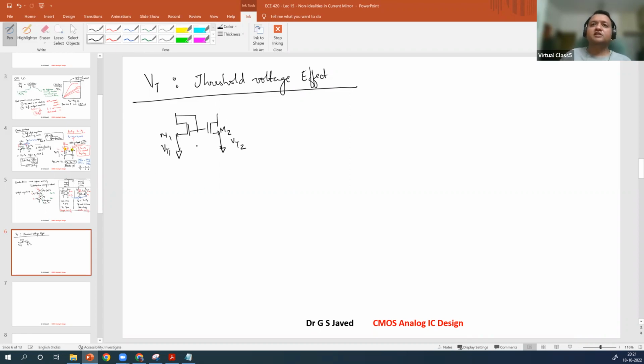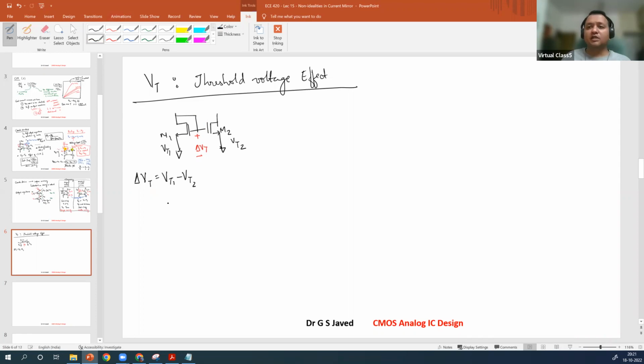Now, in case a difference comes, what is the difference going to be? It's going to be delta VT. Where is the delta VT going to appear? The delta VT is going to appear additionally here, the difference between the two. So the delta VT is going to be VT1 minus VT2. That will appear as a difference at this VGS supply.